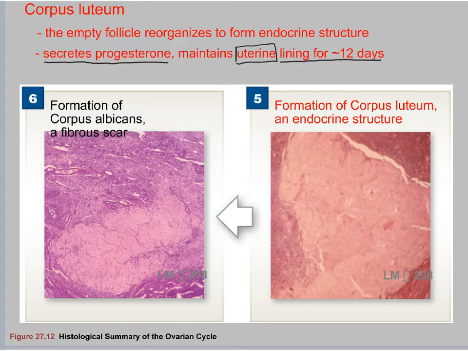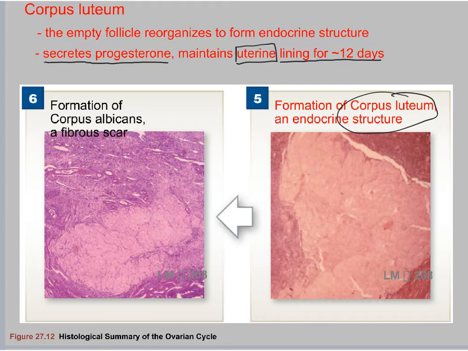It does that for about 12 days. After that 12-day period, the fertilized egg starts to secrete progesterone on its own, and therefore the corpus luteum is no longer necessary. So that corpus luteum, the structure in the ovary, is essentially bridging the gap of progesterone secretion.